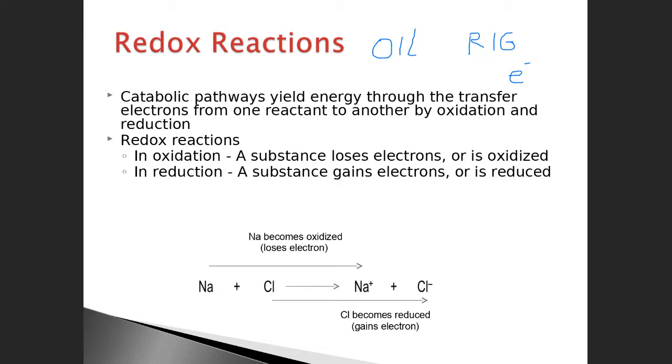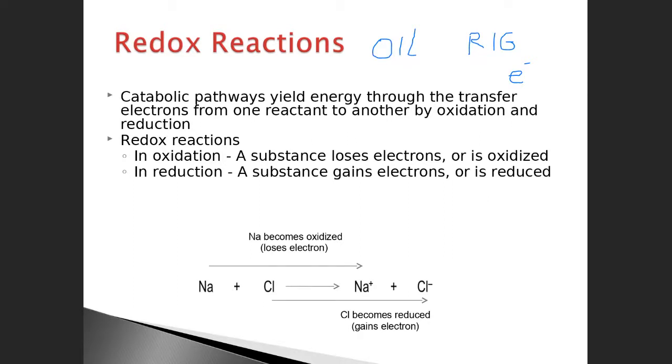Reduction is the loss of oxygen and the gaining of electrons. So reduction is the loss of oxygen and the gaining of electrons. Okay, good. Now, one more thing.